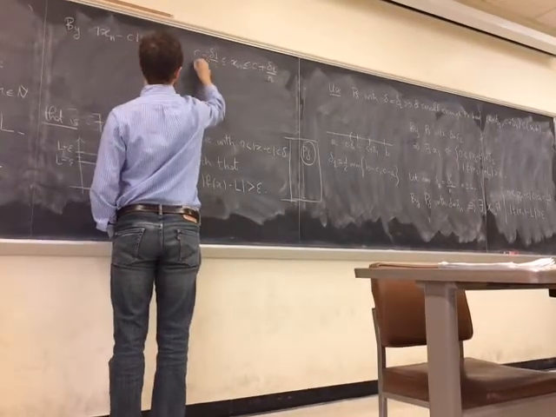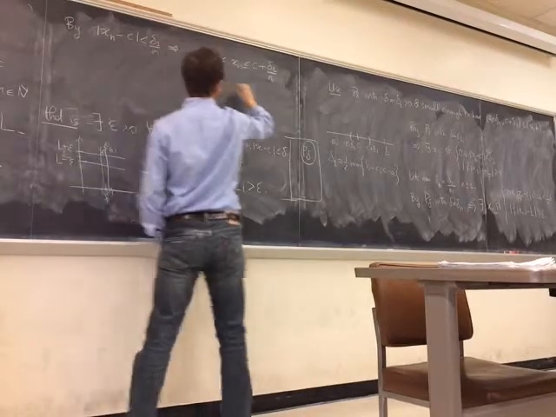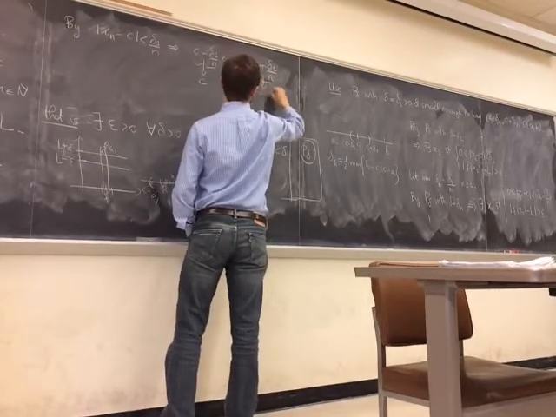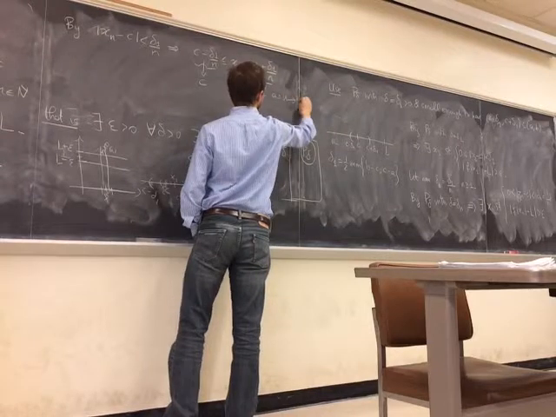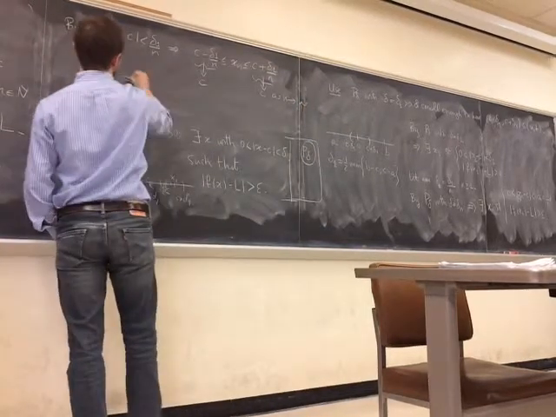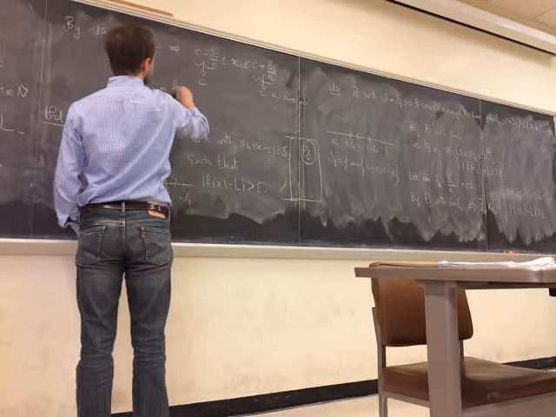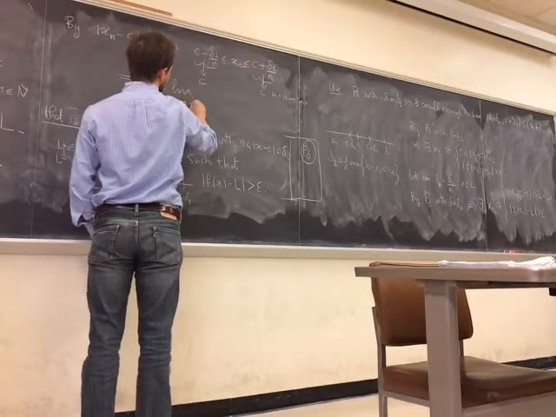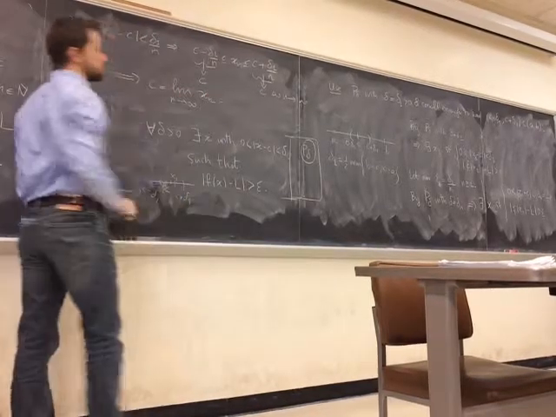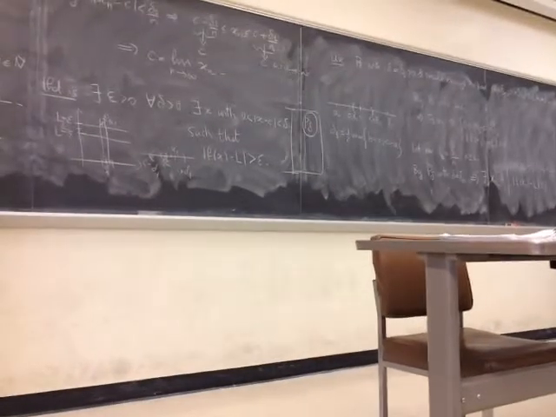And this is converging to c, and this is converging to c as n goes to infinity. This implies that c is the limit as n goes to infinity of xn, right?